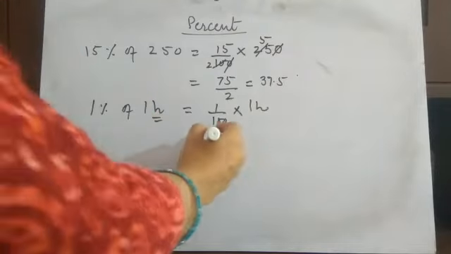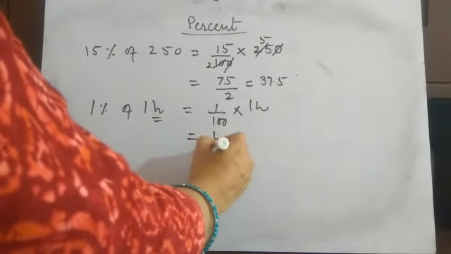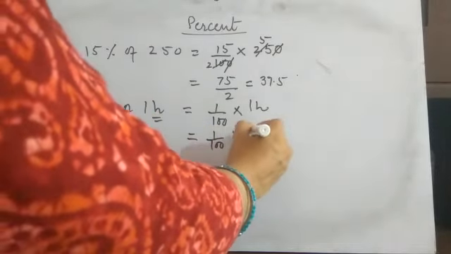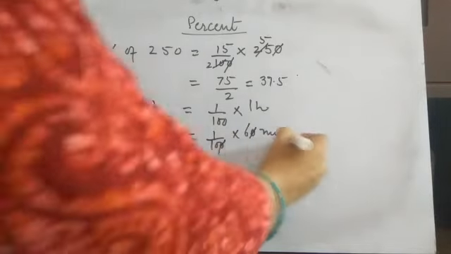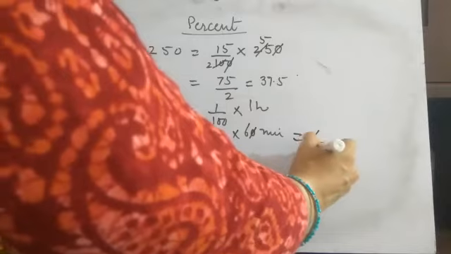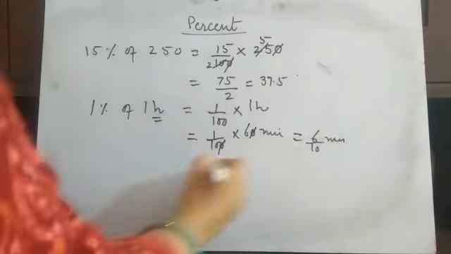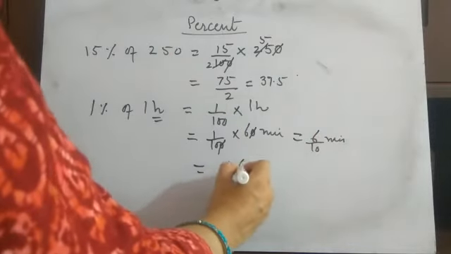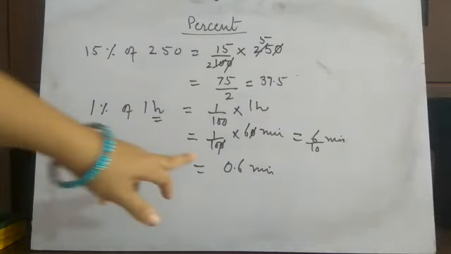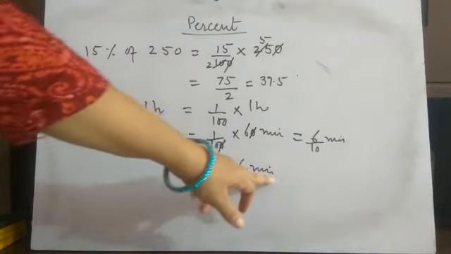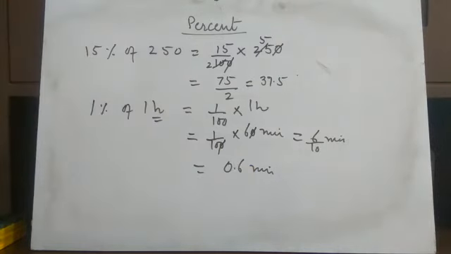So let us convert into a smaller unit: 1 upon 100 into 60 minutes. So cancel this. You will get 6 upon 10 minutes, and that will give you 0.6 minutes. If you have any question like this with a unit, it is essential to mention the unit.